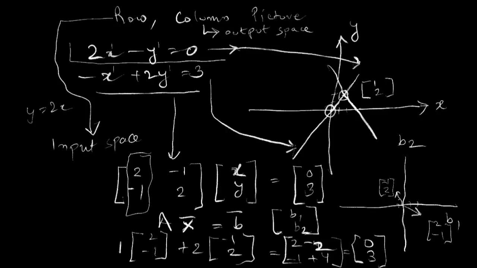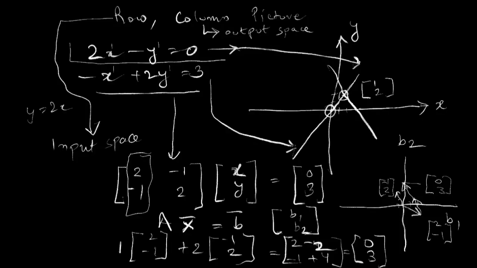So what this is saying is that if I take 1 of this and 2 of this other one, I end up at a point which is 0, 3. And indeed that is the 0, 3 point. So the column picture is how much of the column vector ingredients do I use to get to the output space, which is what we found out here.